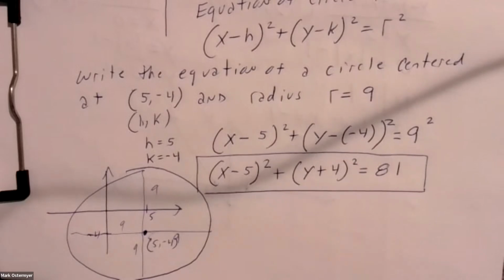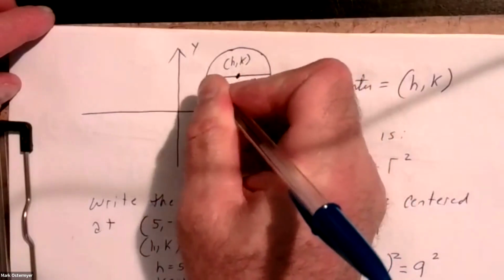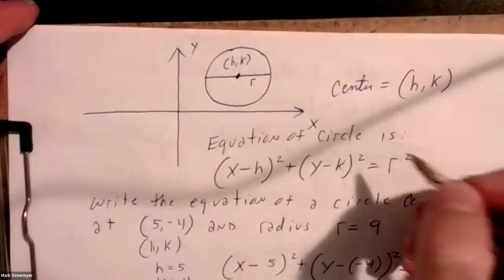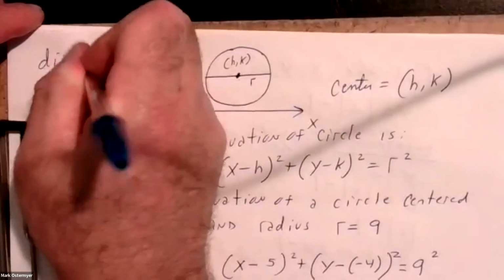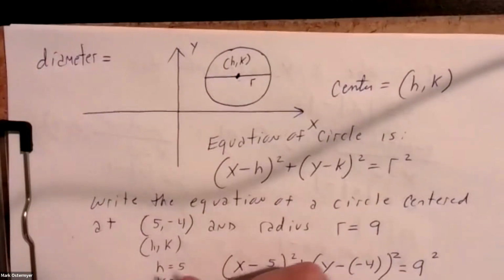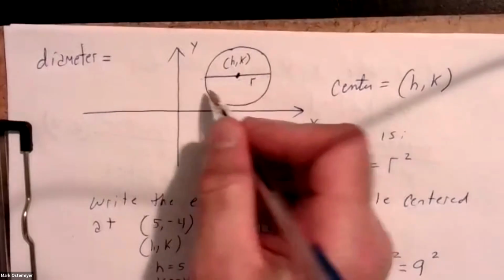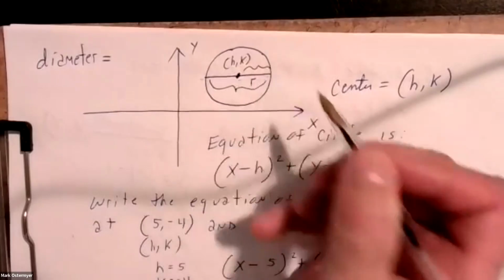All right, so that's about all I want to involve ourselves in a circle. One more thing with the circle is, if you're not given a radius, but you're given the diameter of a circle, how does a diameter relate to the radius of a circle? The diameter of a circle is, this is called the diameter, and this is just called the radius.